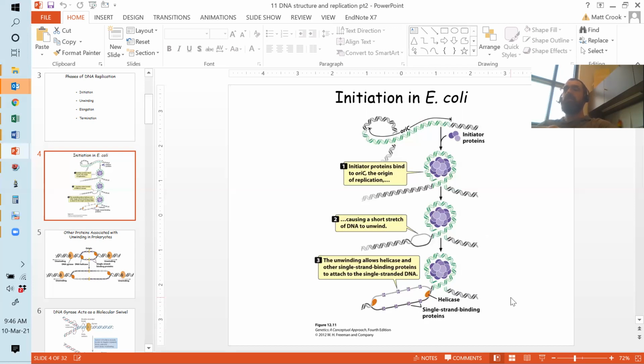What they do is hold that single-stranded DNA open, and stop it from just sticking back to itself and forming double-stranded DNA again. In doing so, they allow the entry of this protein here and here. This is called helicase. Helicase is an unwinder.